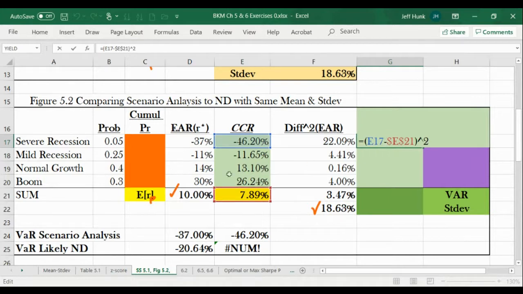again, we take the difference between these returns and the mean return.